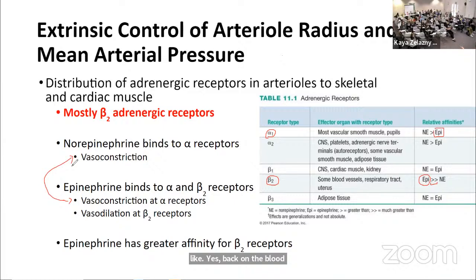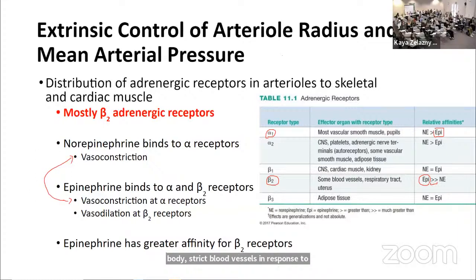So alpha receptors, regardless of whether they're binding the norepinephrine or the epinephrine, are constricting these, right? So alpha receptors out in the body throughout constrict blood vessels in response to norepinephrine. They constrict blood vessels in response to epinephrine as well.